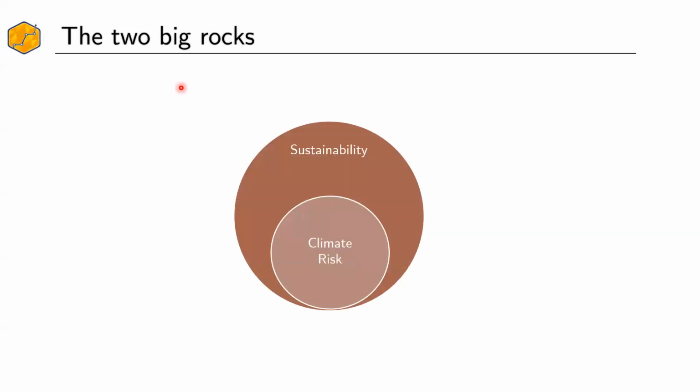So we are talking about climate risk, yes, but it's a component of a much bigger and broader concept called sustainability. This term gets thrown around everywhere. Let's talk about sustainability, then we can talk about climate risk.